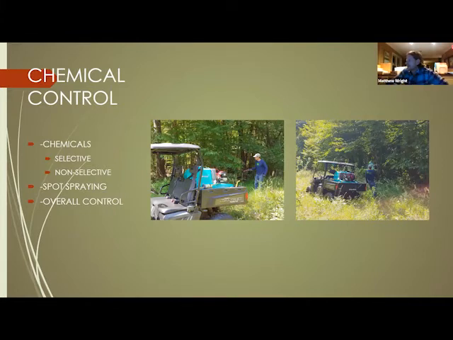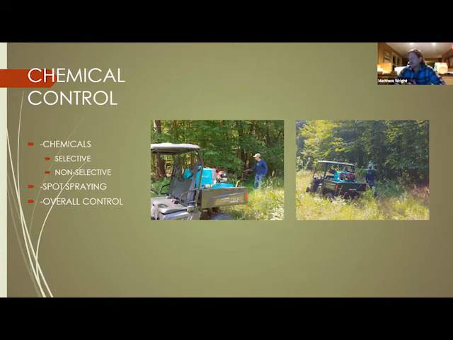So if you can get in there and really knock back the vegetation that you're trying to control, you don't want to nuke everything, but it'll save you a lot of headaches in the future if you do that beforehand. Now there's selective and non-selective herbicides. Obviously, I'm not going to get into a lot of detail with the specifics of herbicides.